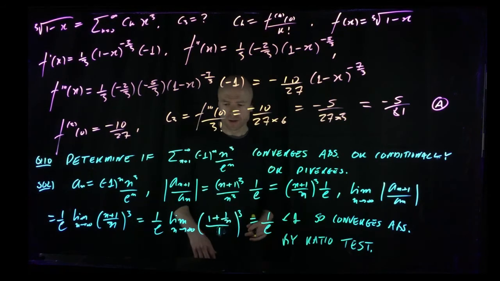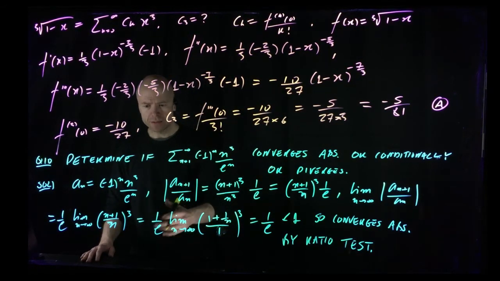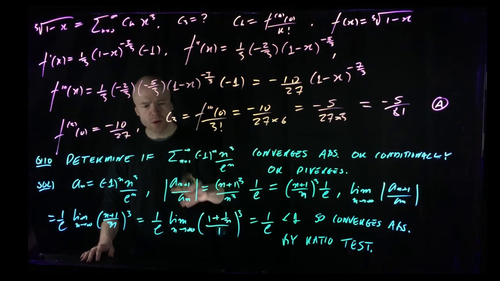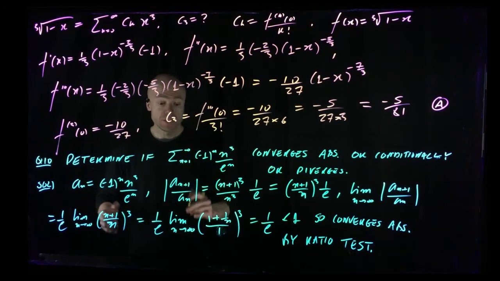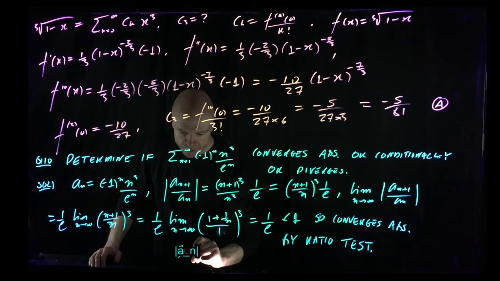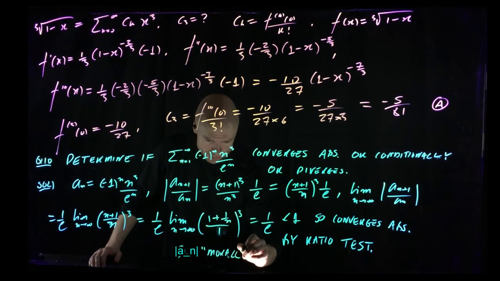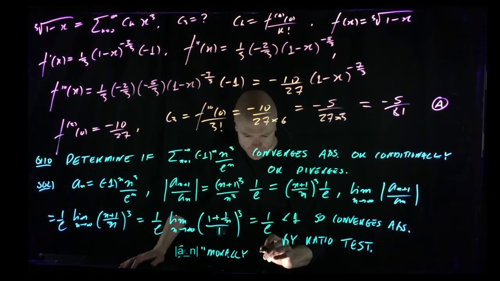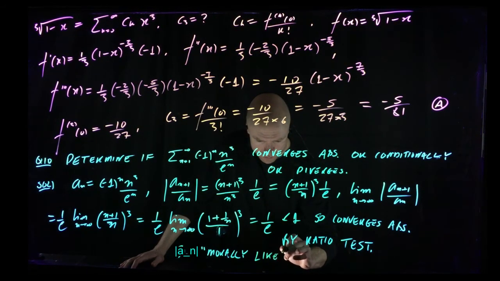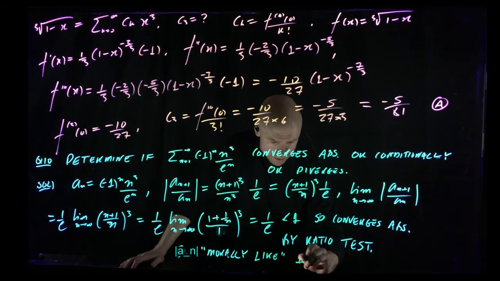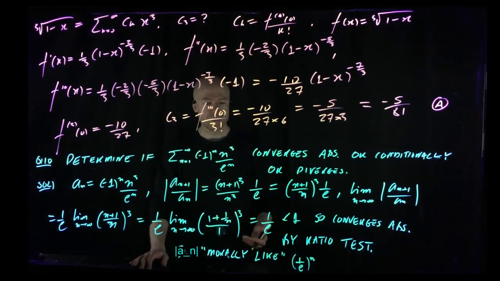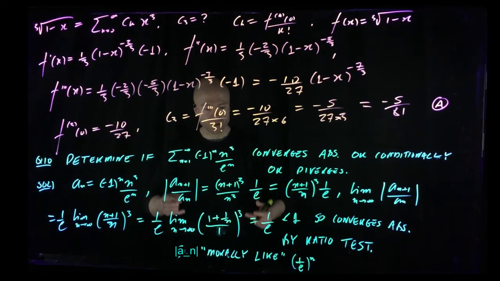Cool. And the fact that a_(n+1) over a_n basically has the ratio of 1 over e does indeed say that a_n is morally like 1 over e to the n, because 1 over e to the n does have this property that the ratio of a_(n+1) over a_n is 1 over e.